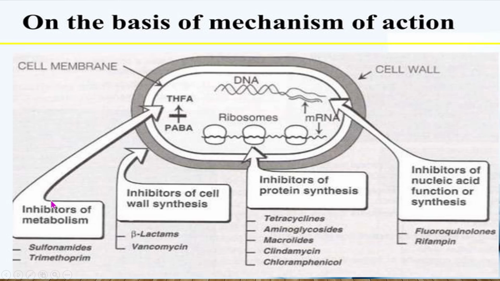But there are some antibacterial compounds which inhibit this conversion of para-aminobenzoic acid into tetrahydrofolic acid, and those are sulfonamides and trimethoprim.